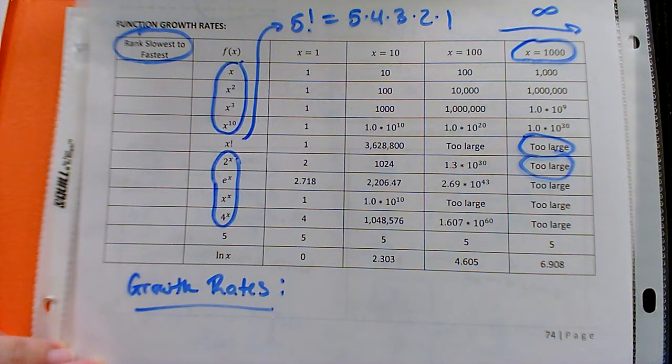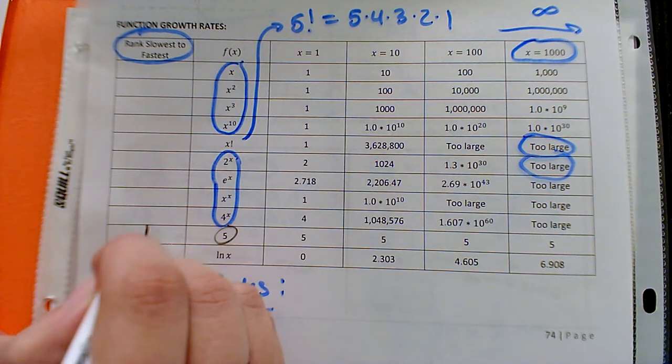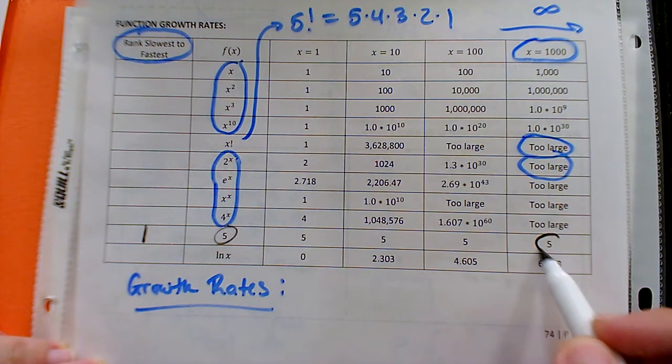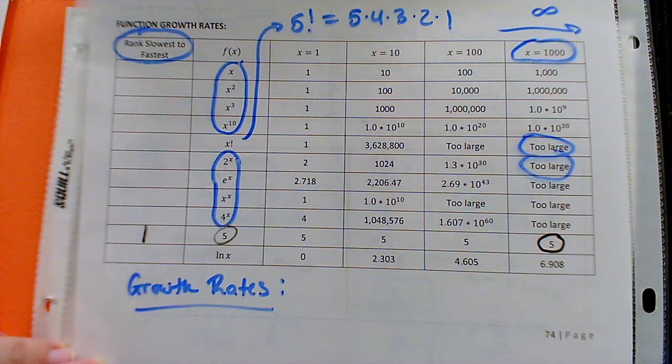Let's check out the slowest one. So as your x's get larger and larger, which one is the slowest growing, aka the smallest? Can we find it? Good, Dan? 5. The 5 function. Okay, so that was our slowest. Notice how for the very, very large value of x, you always stayed at 5.